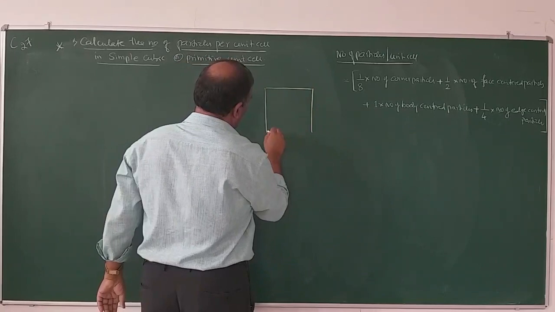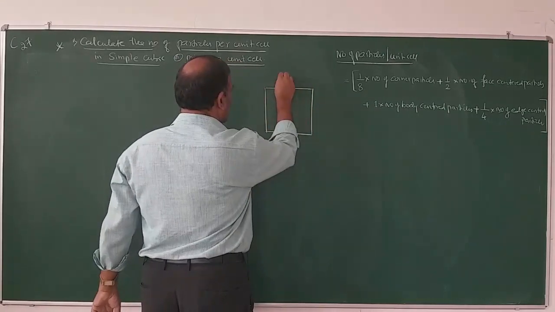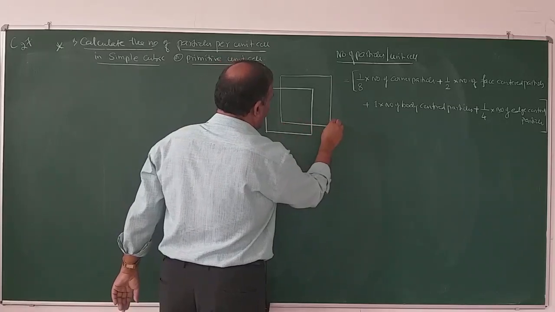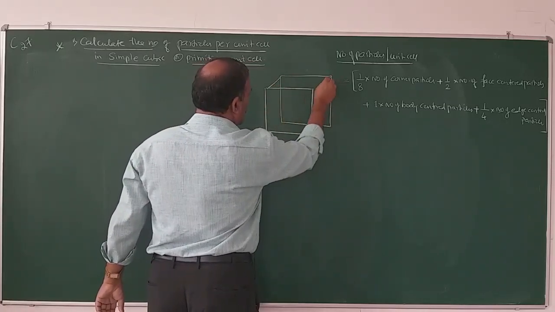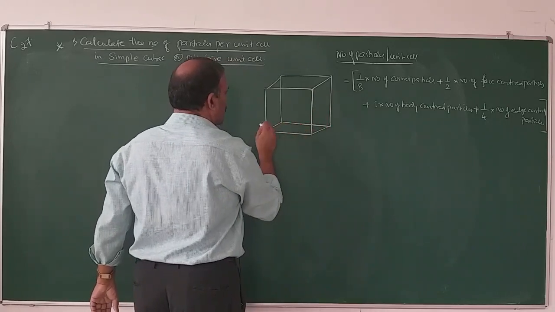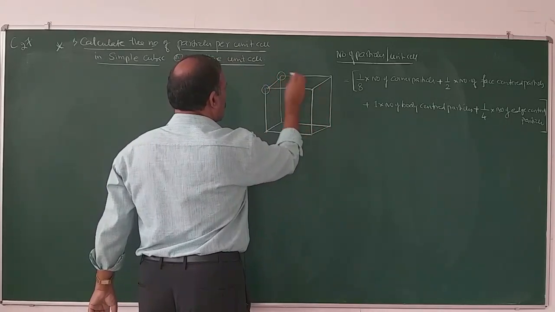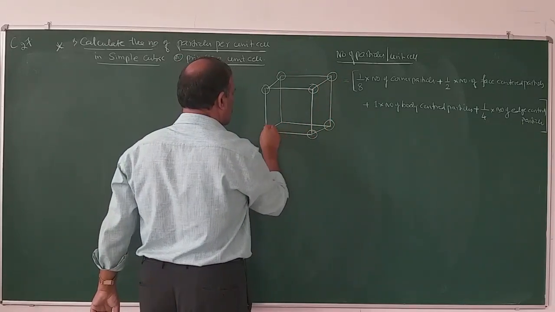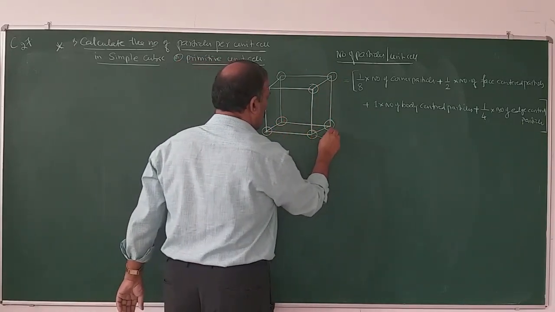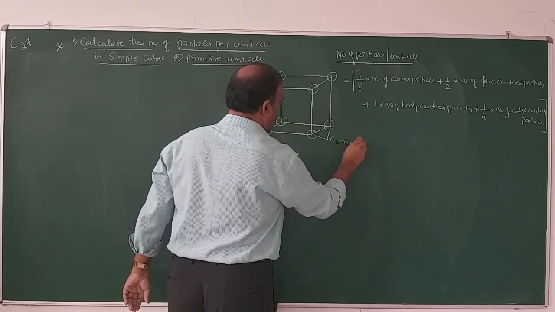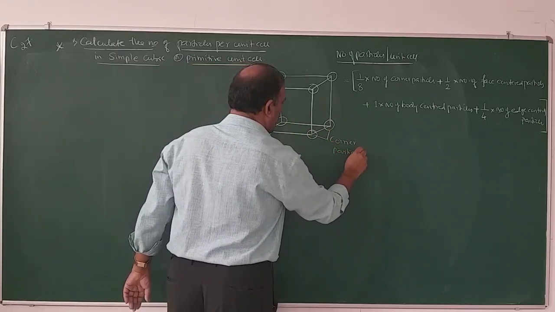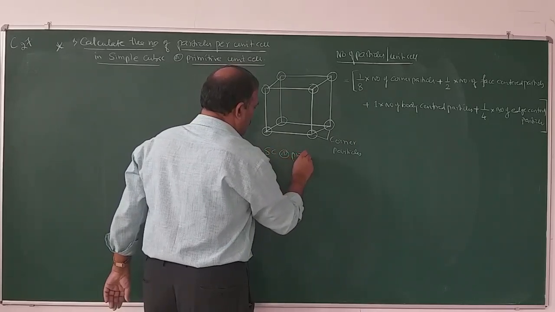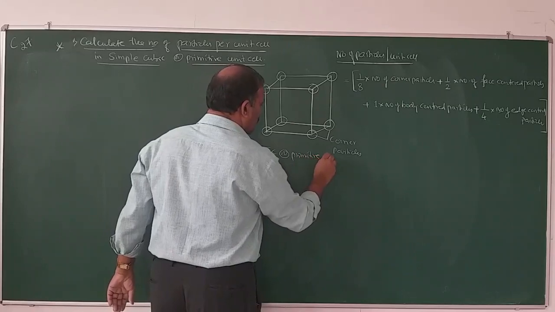In a simple or primitive unit cell, particles are present only at the corners. These are corner particles. So this is a simple cube or primitive unit cell.